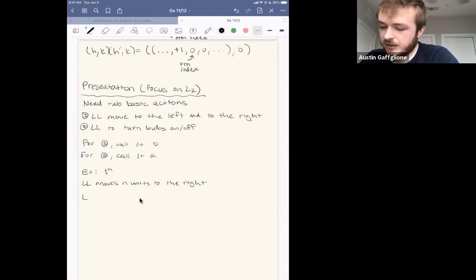And then if I look at T to the minus N, the Lamplighter moves N units to the left.